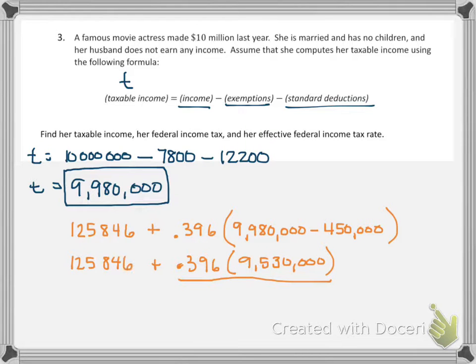So I multiply 9,530,000 times 0.396, and that gives me $3,773,880, plus the $125,846.